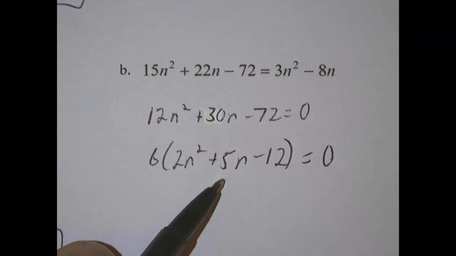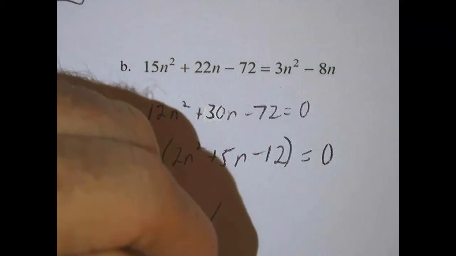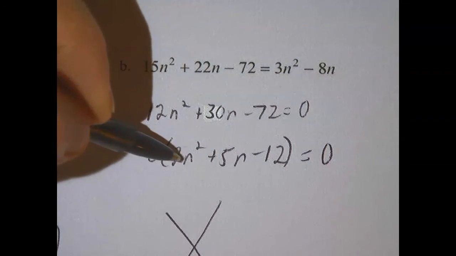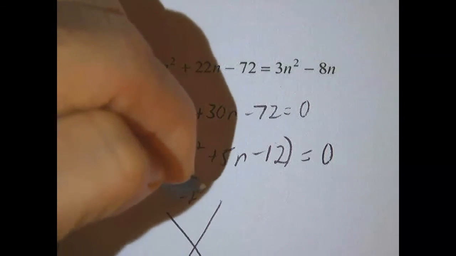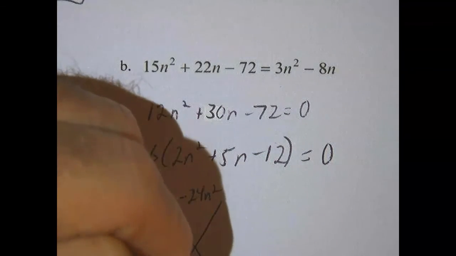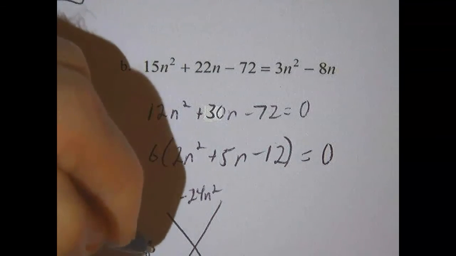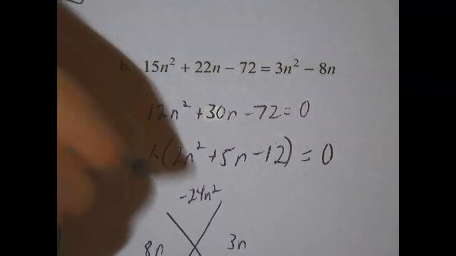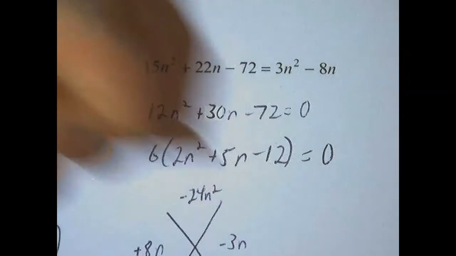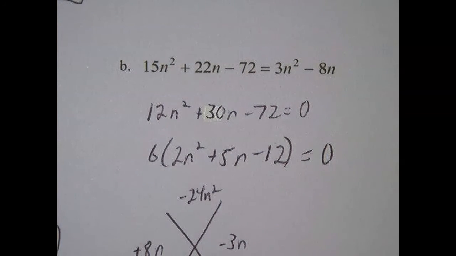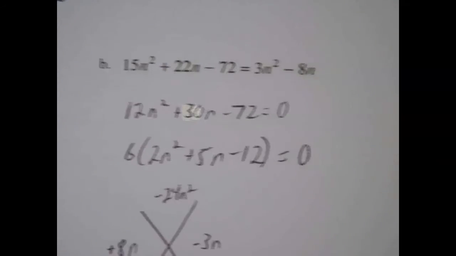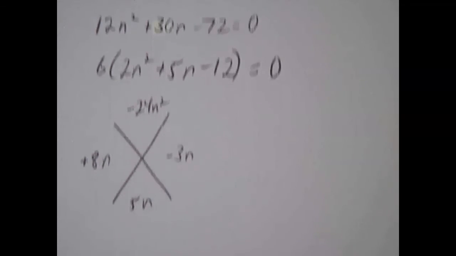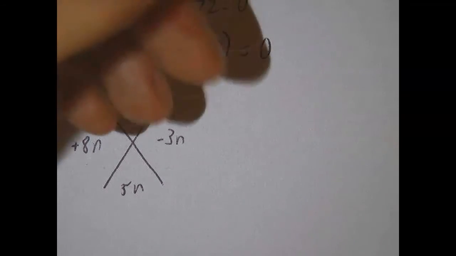Then I'm going to split the middle here, so I'm going to make my x. And that's going to be a product of negative 24n squared and a sum of 5n, and we come up with 8n and 3n. Again, this is positive, so the bigger one will be positive, and this will be negative. So there's the 2 pieces that I'm going to split up to give me my 5n, and now I have all 4 pieces for the box.